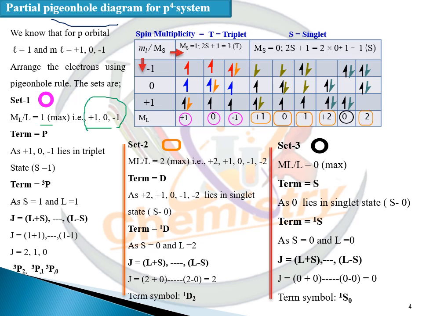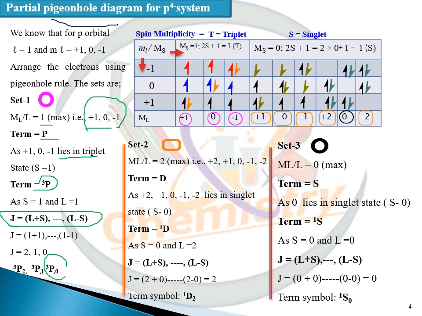Okay, if L is equal to 1, the term will be P, as plus 1, 0, minus 1 lies in the triplet state. So the term will be triplet P, as S is equal to 1 and L is equal to 1. You can also calculate the J value if you want, just to know the ground state. It will be 2, 1, 0.